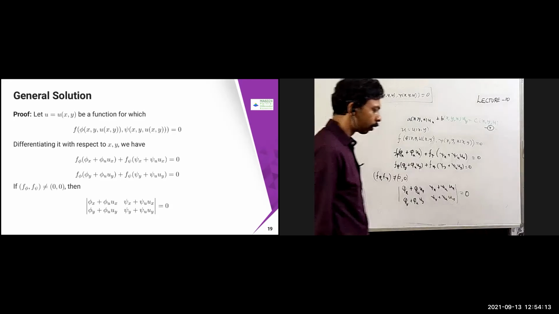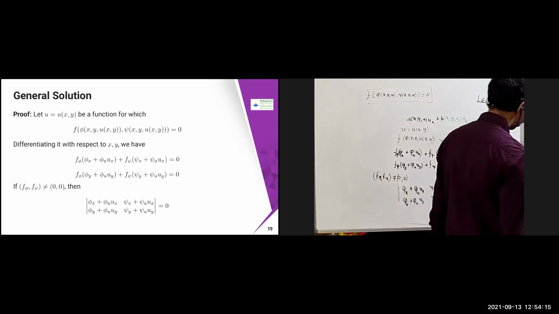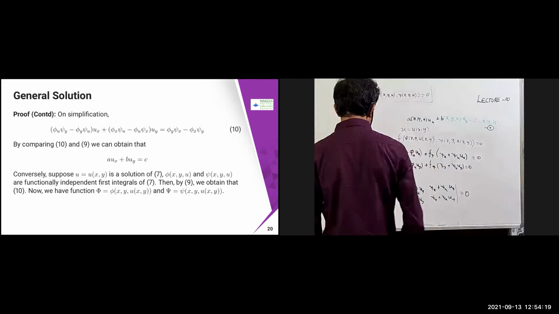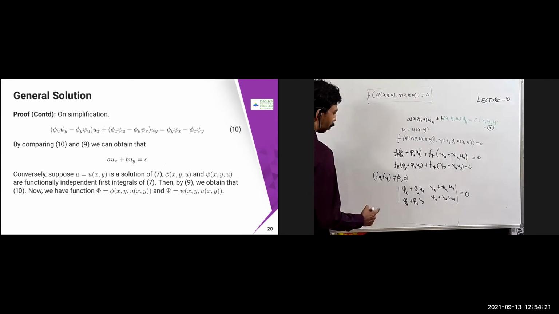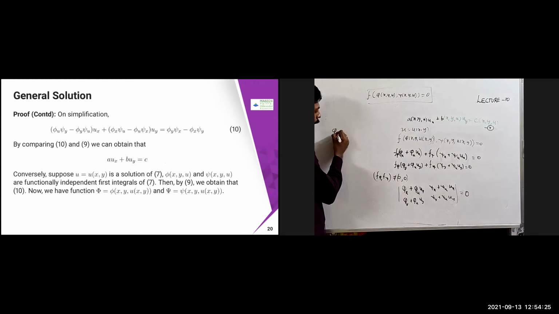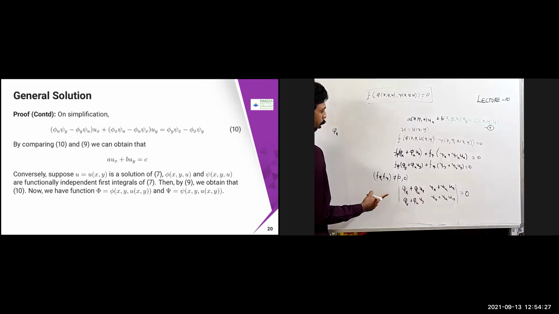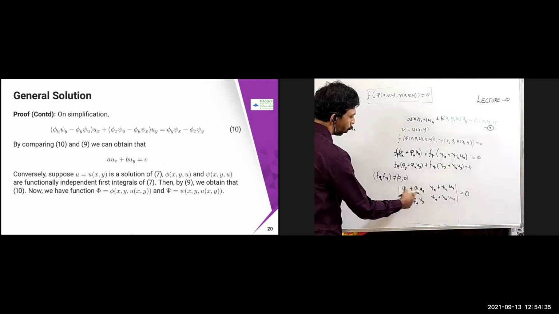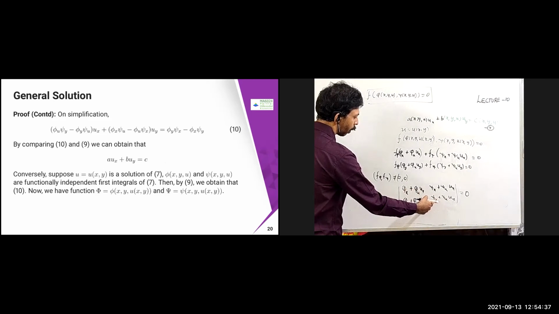If this determinant is 0, what are we going to get? We'll just expand this one and simplify. So pi x, I'll take the ux component, I'm going to get pi u into psi y.